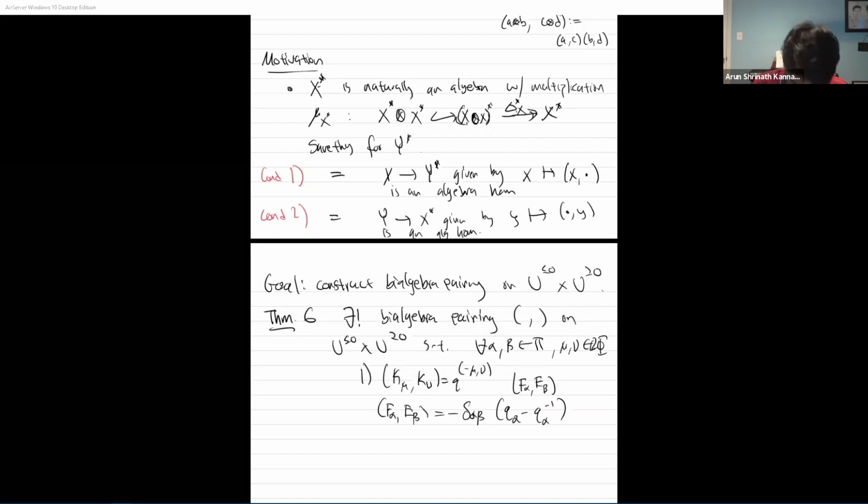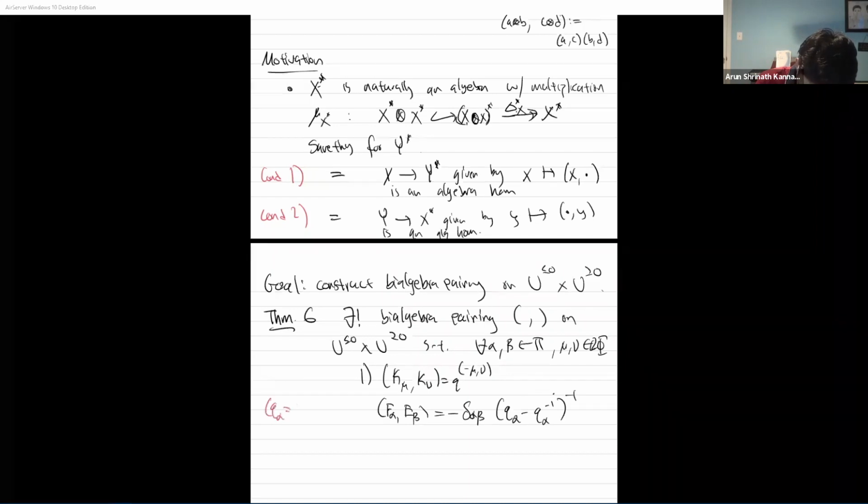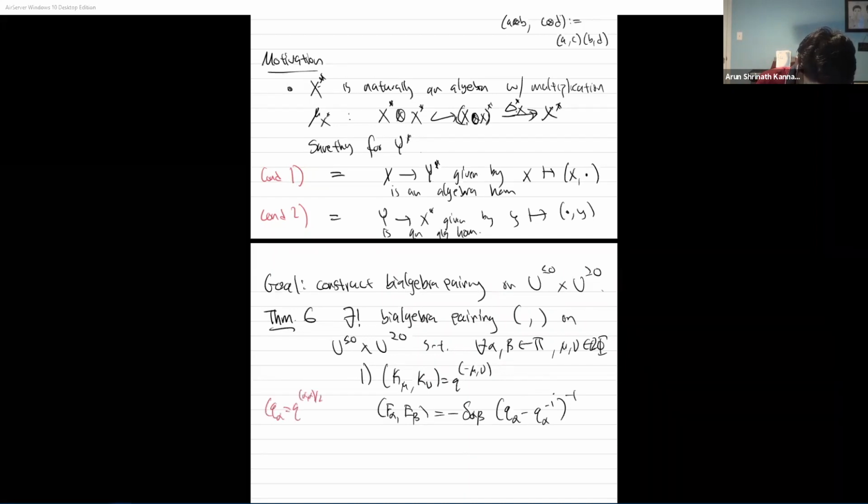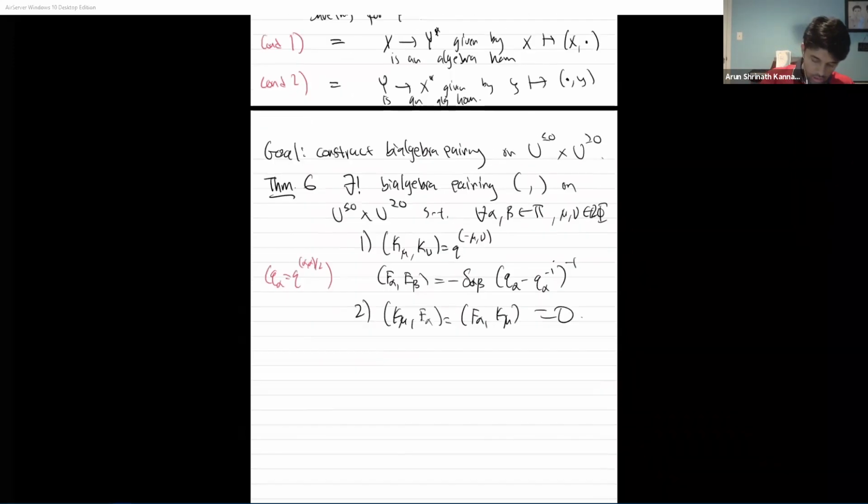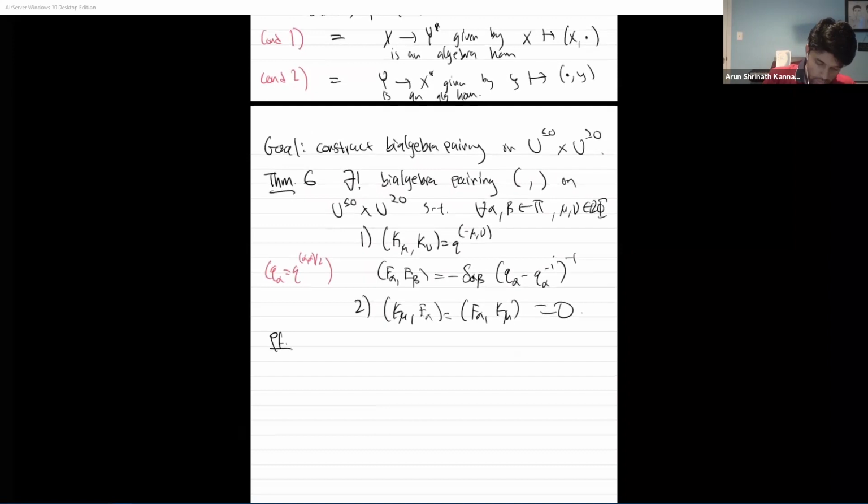So recall that q alpha is equal to q to the alpha over 2. And then the second condition is that K mu E alpha is equal to F alpha K mu, and they're both 0.